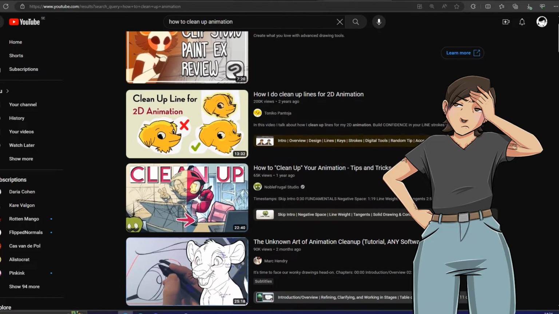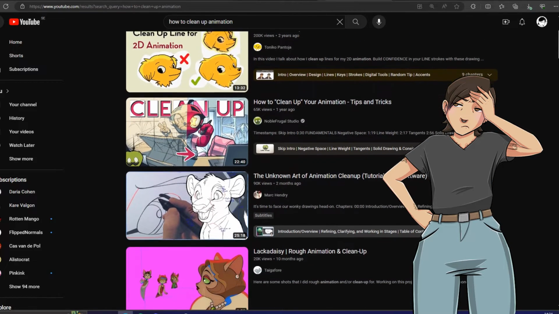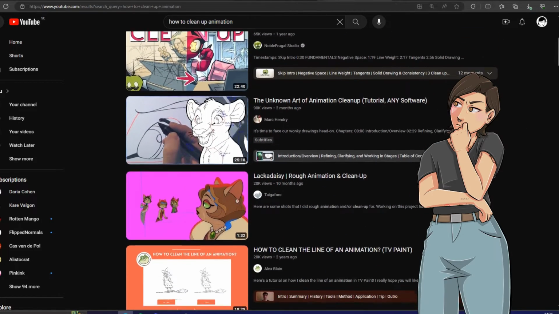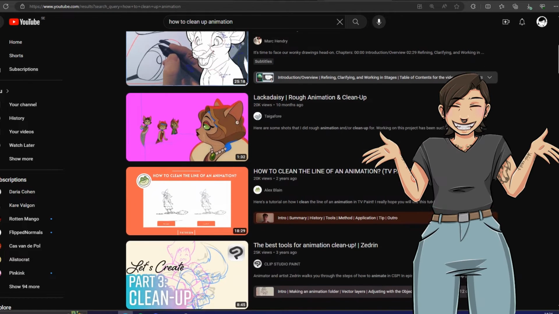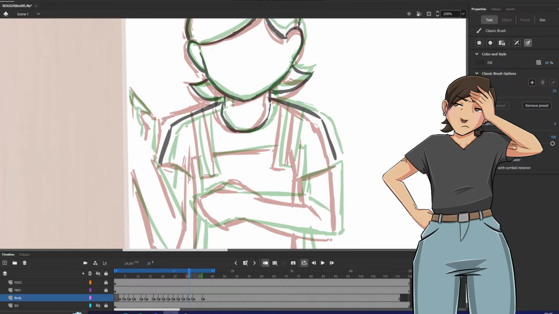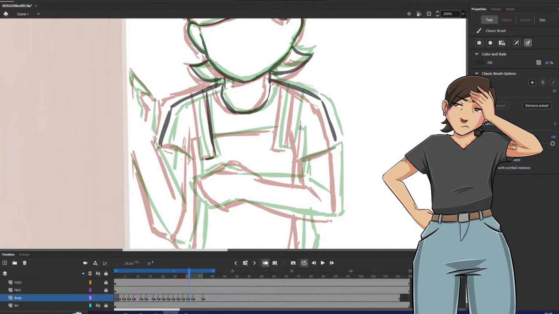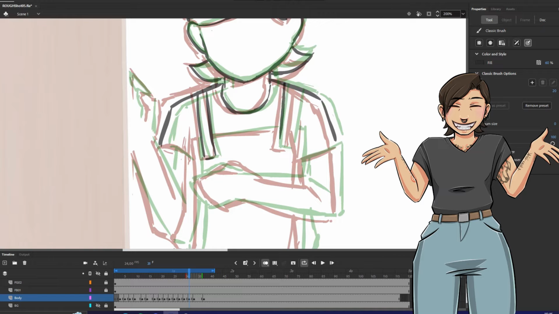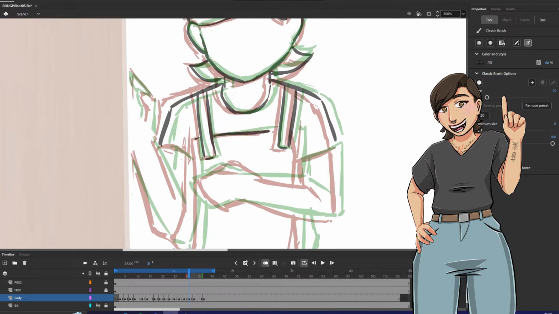Because I am finding a lot of information on cleanup for some reason, but not on rough. So I don't know, it's been blowing my mind a little bit, and I think maybe I shouldn't be thinking about this. Maybe it's not something people are thinking about, or maybe it's just obvious that you just animate. Just follow the stuff and animate. And that makes sense too.